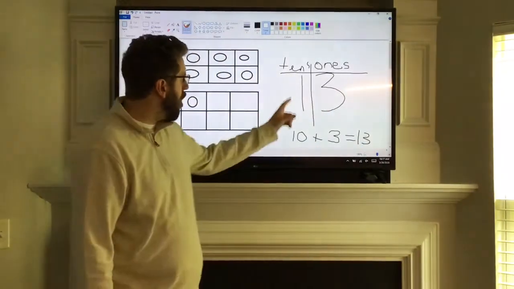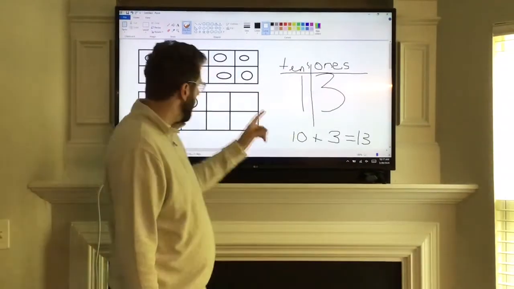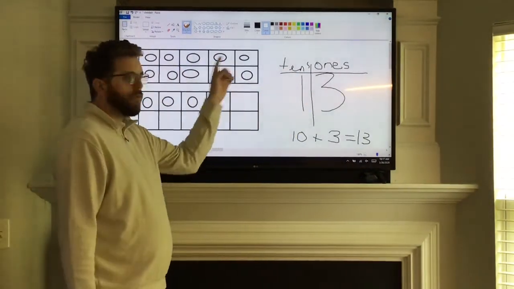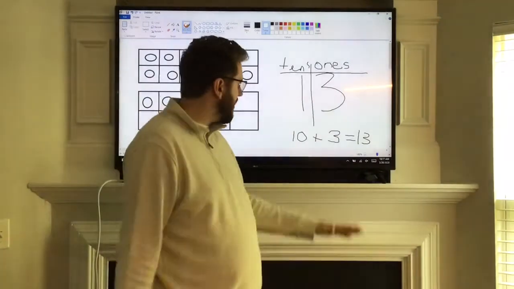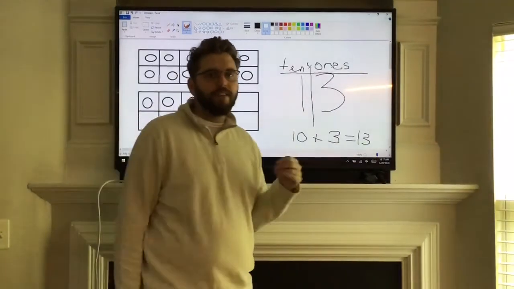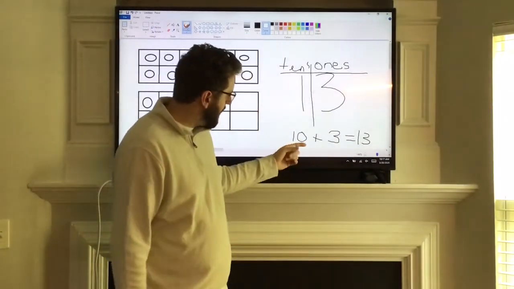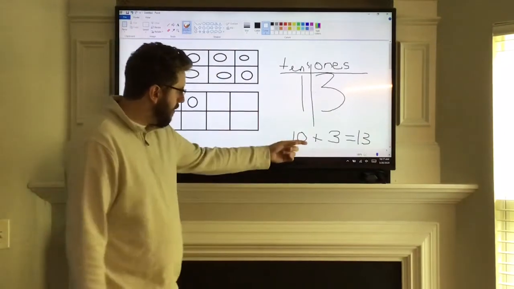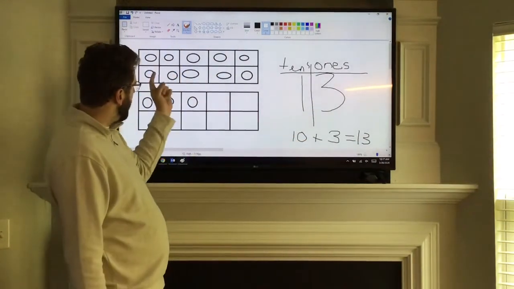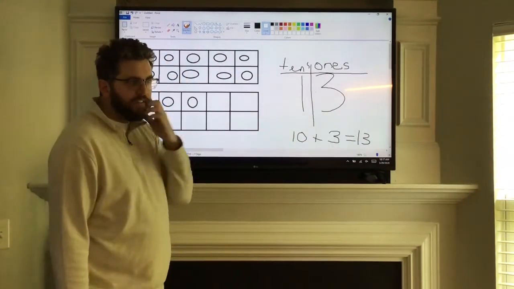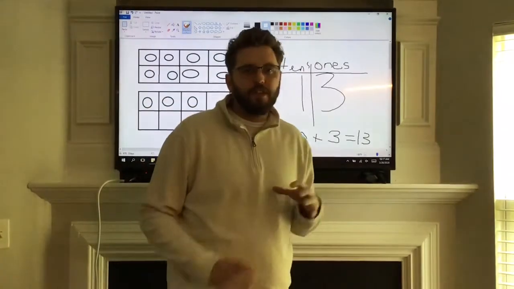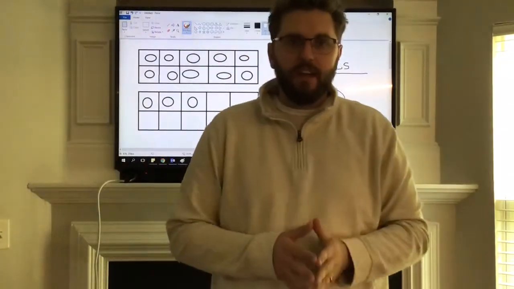And so remember, we're always going to have that base of 10. That's our base number every time. Anytime we decompose a teen number, we're always going to make sure we're using 10. Whether it's a 10 here, whether it's filling in one whole 10 frame, we're going to make sure that we have that base of 10.